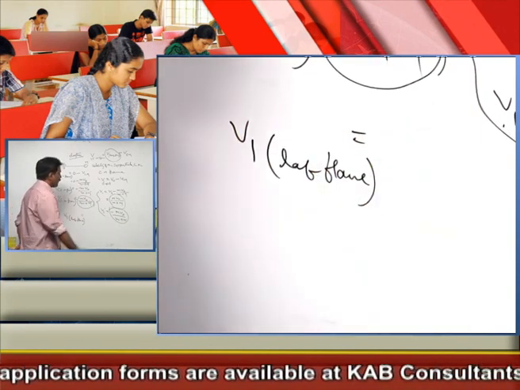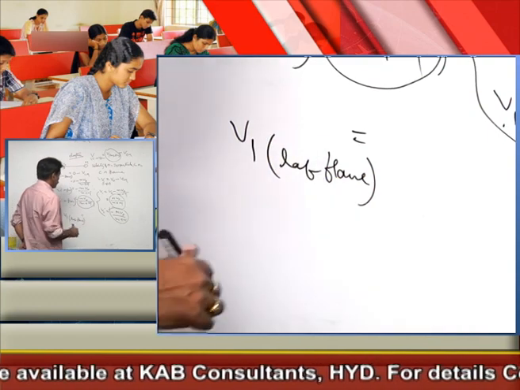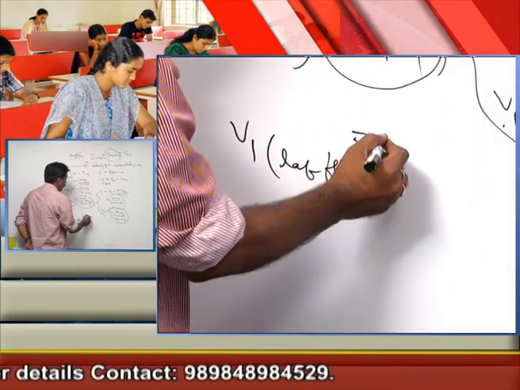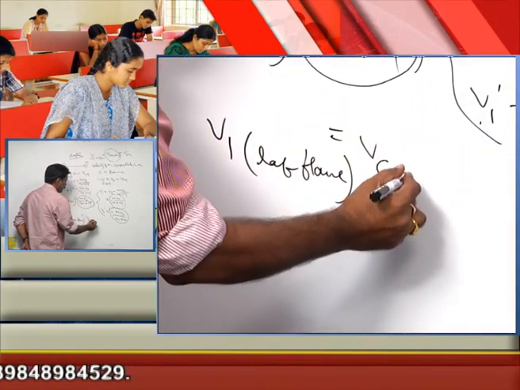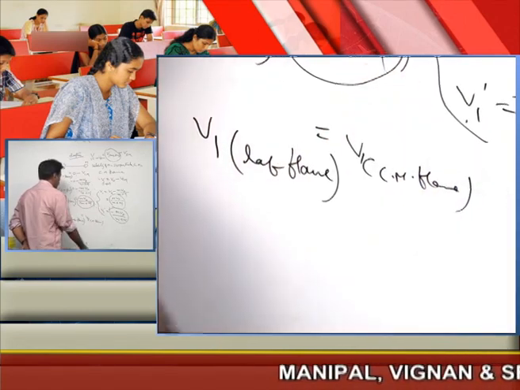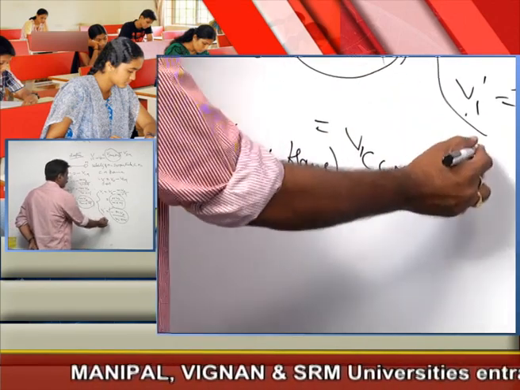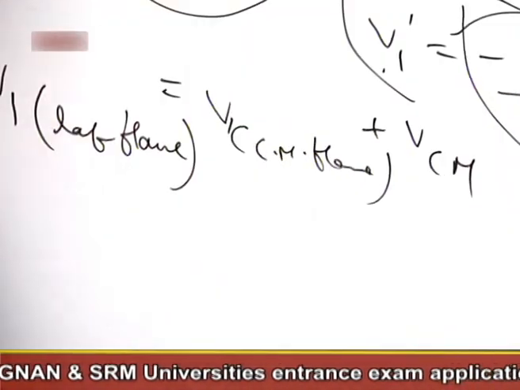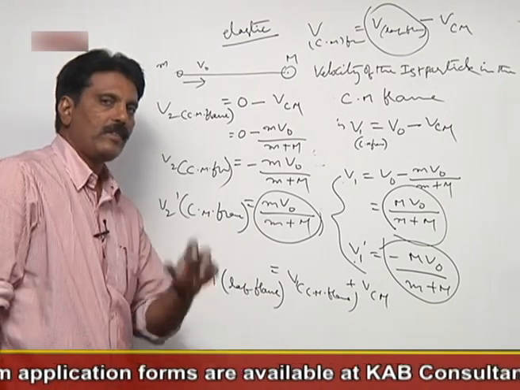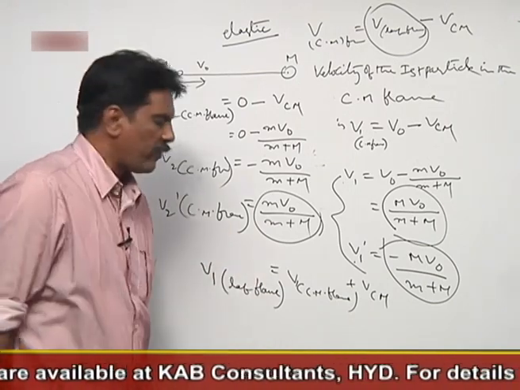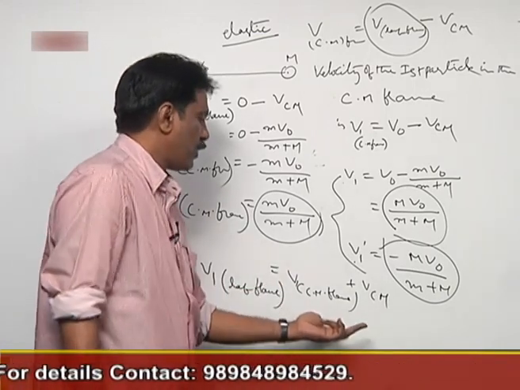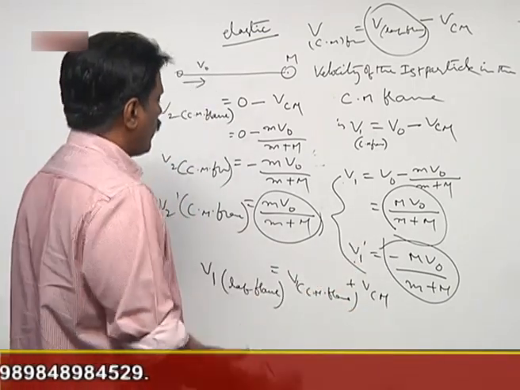is equal to V1 in the center of mass frame plus velocity of center of mass. For the first particle, we are trying to find the final velocity in the lab frame, which is V1 lab frame equal to V1 center of mass frame plus velocity of center of mass.